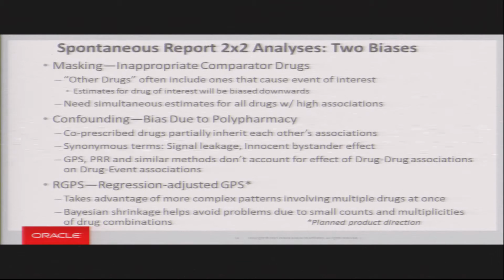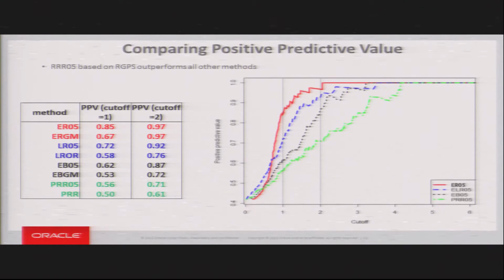The typical approach towards isolating these common multiple factors is a regression. You can use logistic regression or other types of regression. And there are ways to, again, use Bayesian shrinkage methods with regression predictors in order to both isolate out the polypharmacy problem, where you have multiple drugs taken by the same patient, as well as to get rid of these inappropriate comparator drugs.